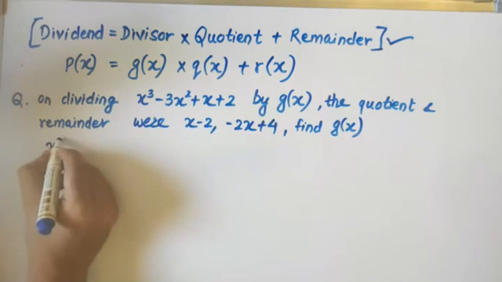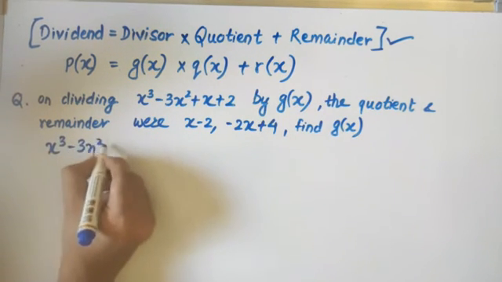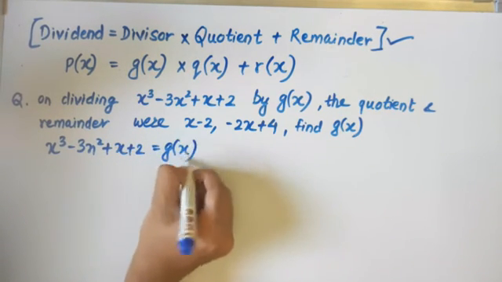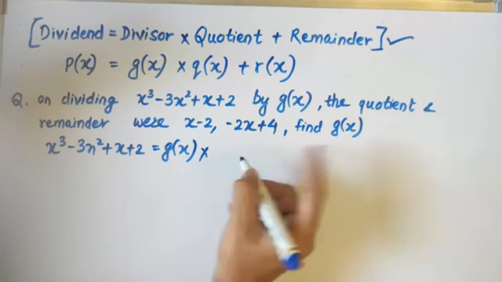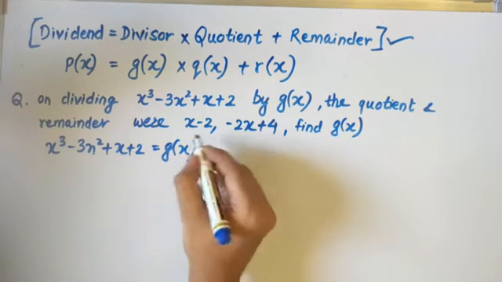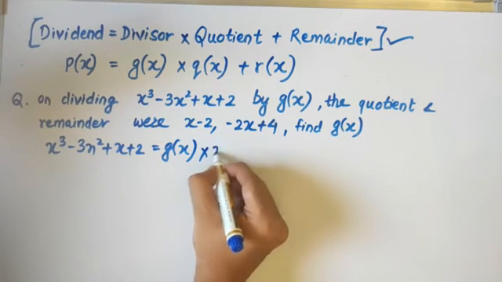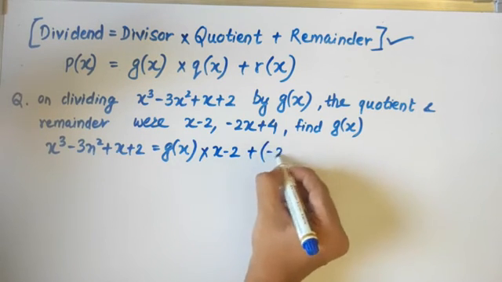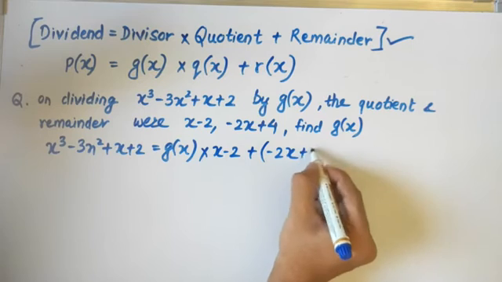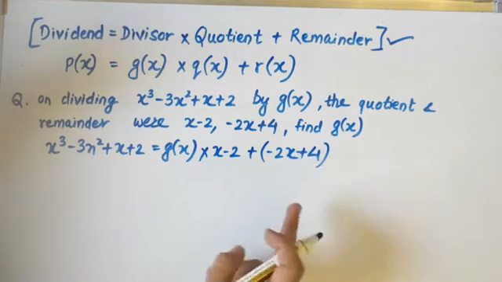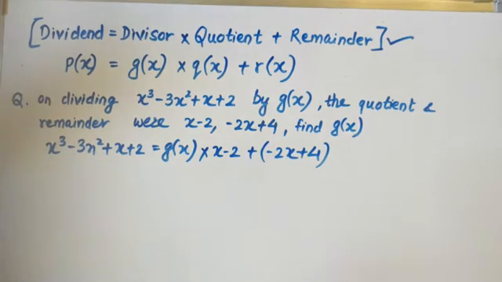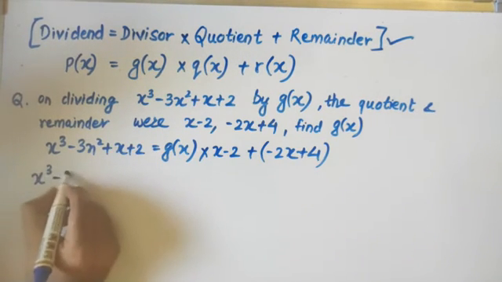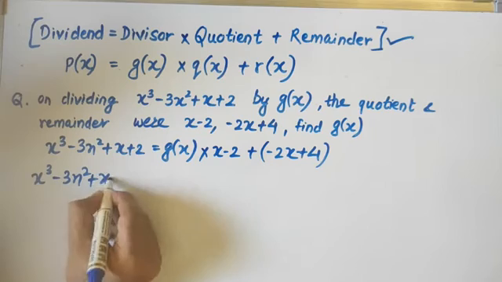So put in the above equation x cube minus 3x square plus x plus 2. We have to find g of x. q of x is given. What is q of x? x minus 2. And what is r of x? Minus 2x plus 4. So we'll transfer this to this. x cube minus 3x square plus x plus 2.